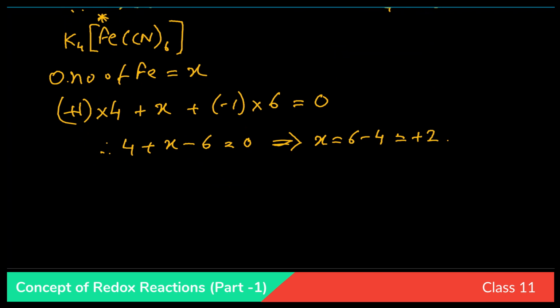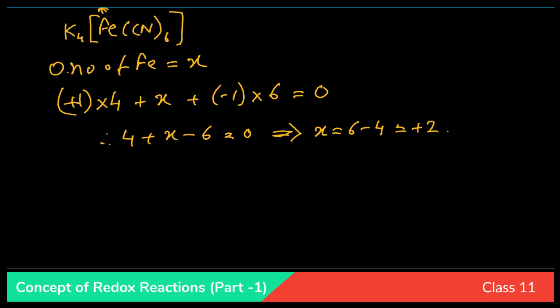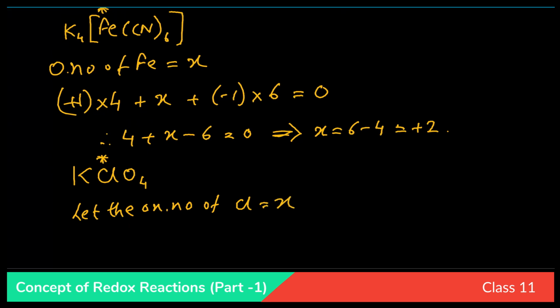And coming on to the last example of today's class, that is KClO4. You have to determine the oxidation state of chlorine in this compound. So again, we have to consider the oxidation number of chlorine equal to x.